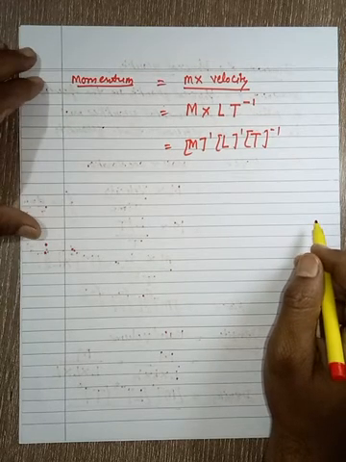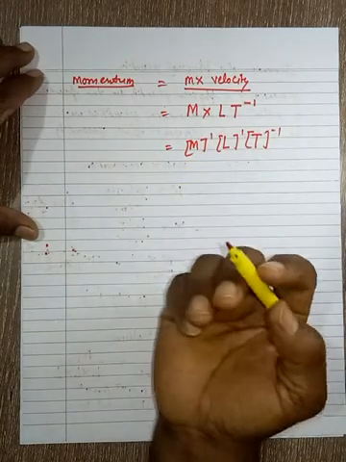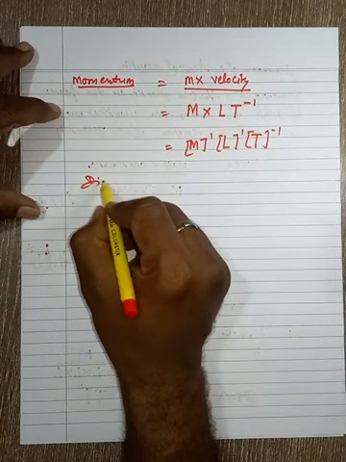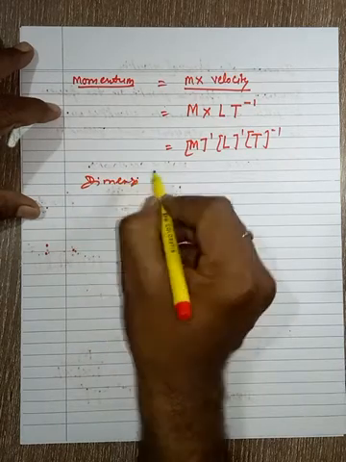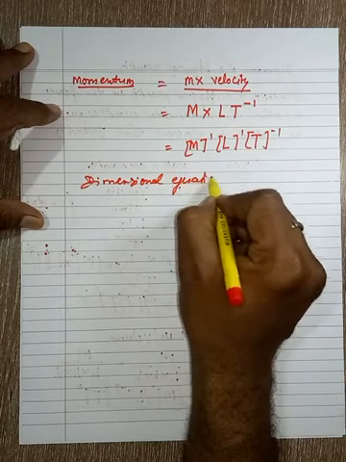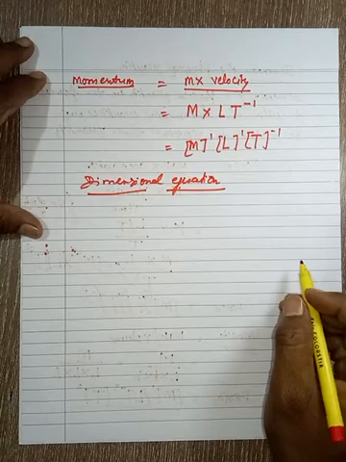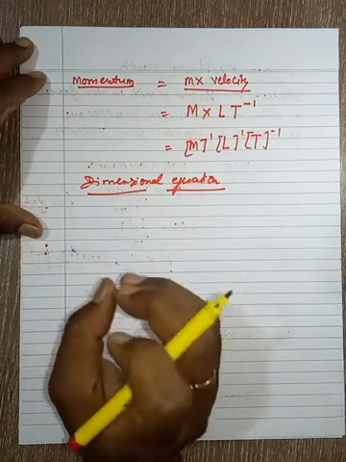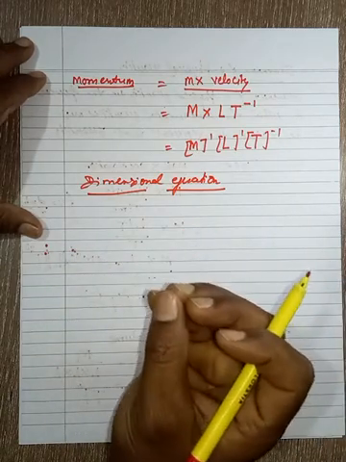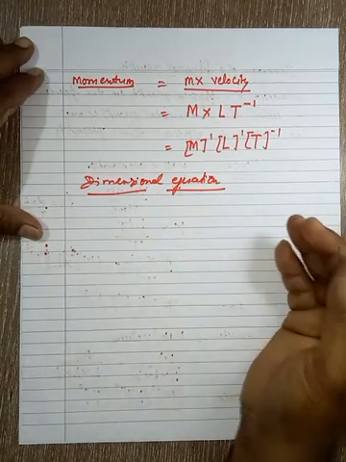So let us see the dimensional equation. A dimensional equation is nothing but the equivalence of any physical quantity with the powers of its dimensions.